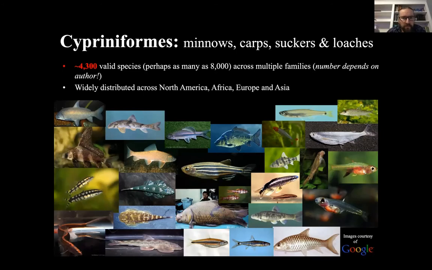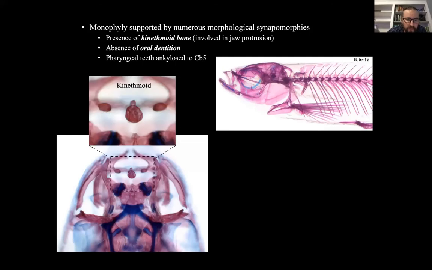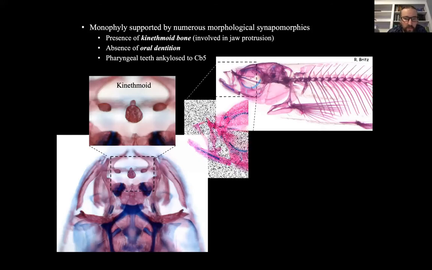So cypriniforms are characterized by a number of interesting morphological traits. They have a novel ossification in the upper jaw that's called the kinethmoid bone. It's unique to the group, and what this bone allows cypriniforms to do is protrude their upper jaw.